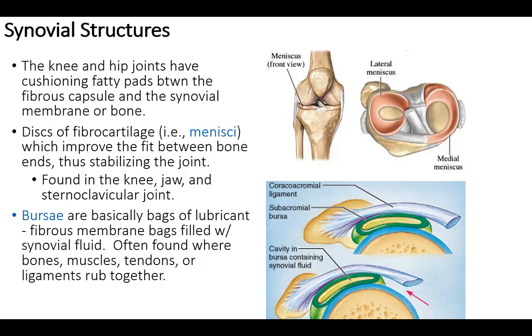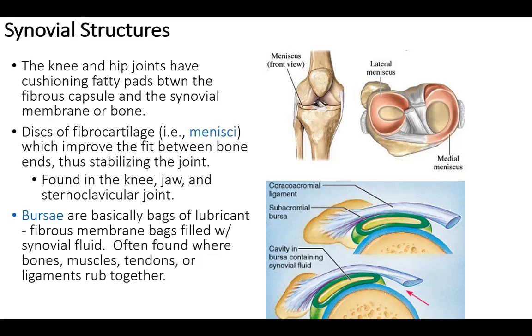The ligaments and tendons hold the joint together, and the bones rest on top of these pads of cartilage. There's no friction, but it also is a joint stabilizer. We have them in our knee. We have them in our jaw. We have them where the clavicle, our collarbone, articulates with the manubrium of the sternum; we have a meniscus there.